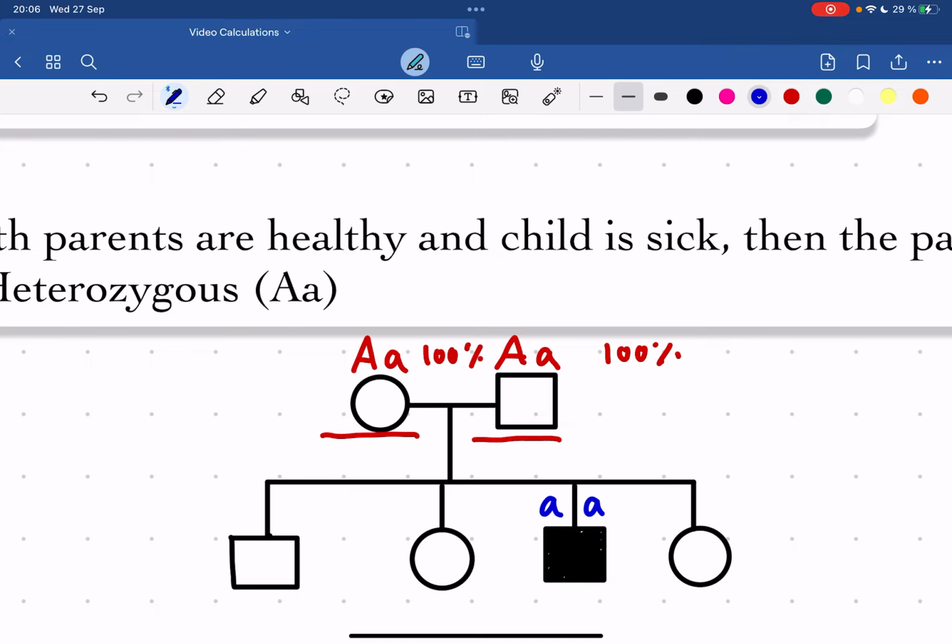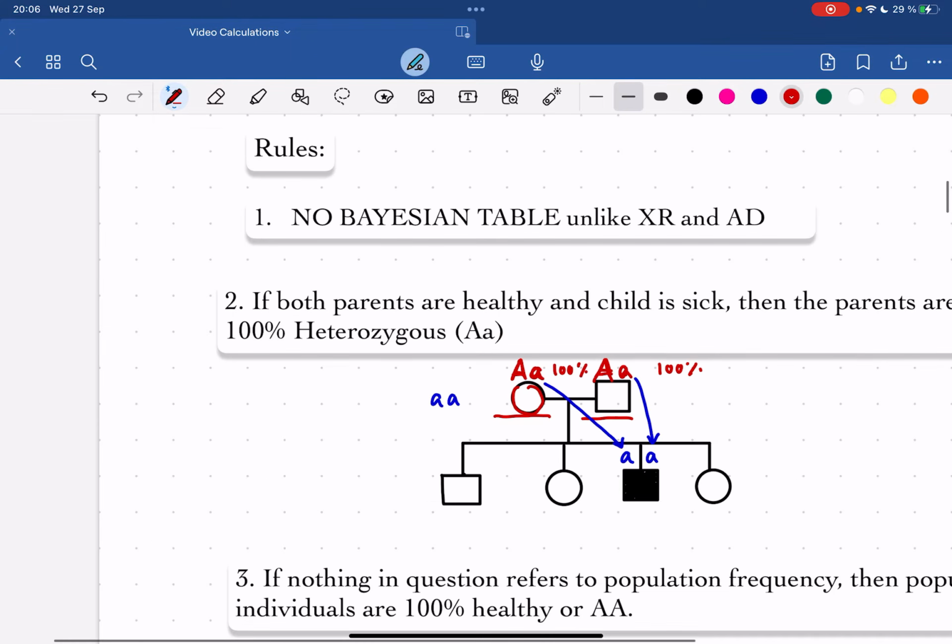Why? Because they both have to give 1 recessive allele each to the child, and they can't be more than heterozygous, like they can't have a double recessive allele because they're healthy, they're white. So they have to have 1 dominant and 1 recessive, okay?